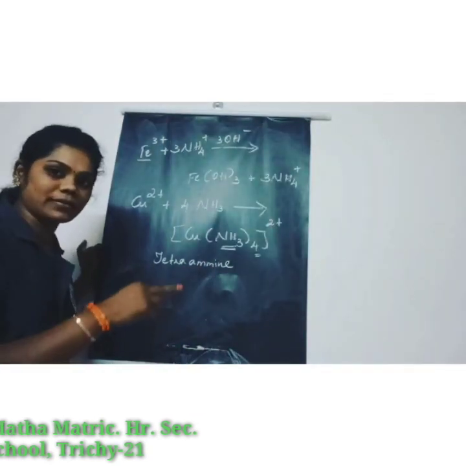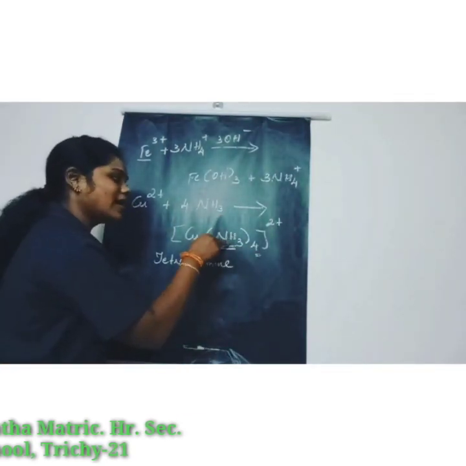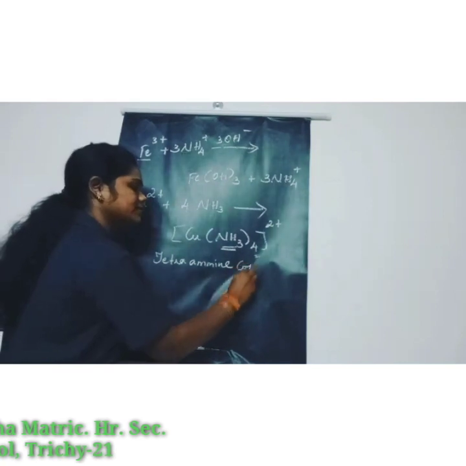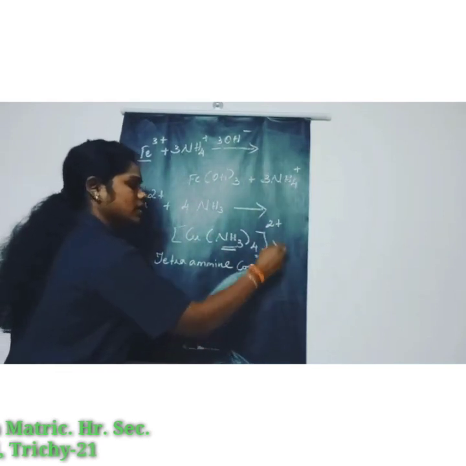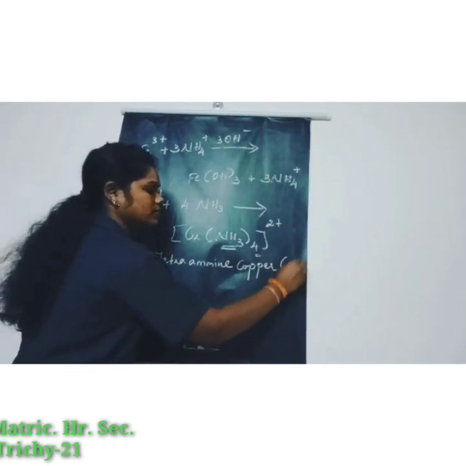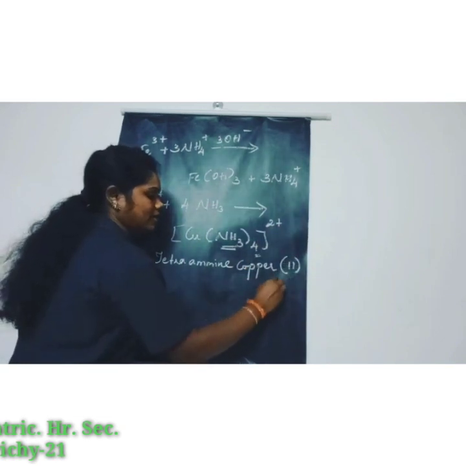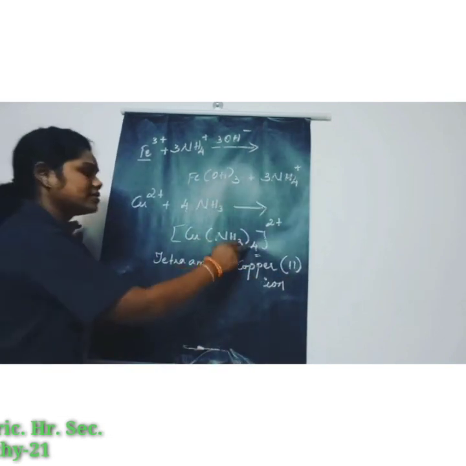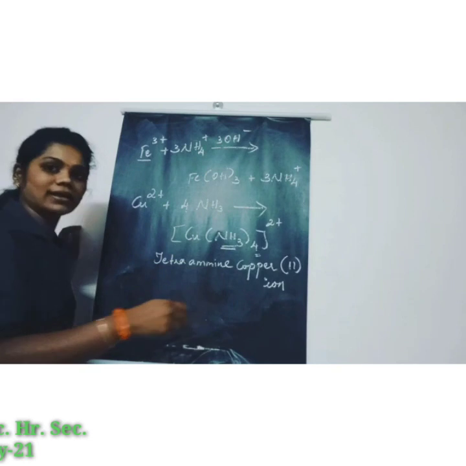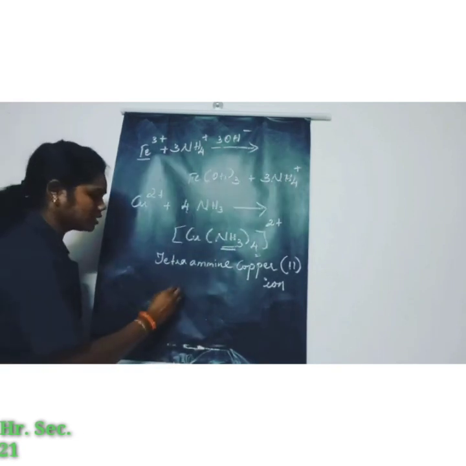So tetraammine copper, 2 plus, so this is the ion. This is the tetraammine copper 2 ion, one of the coordination complexes.